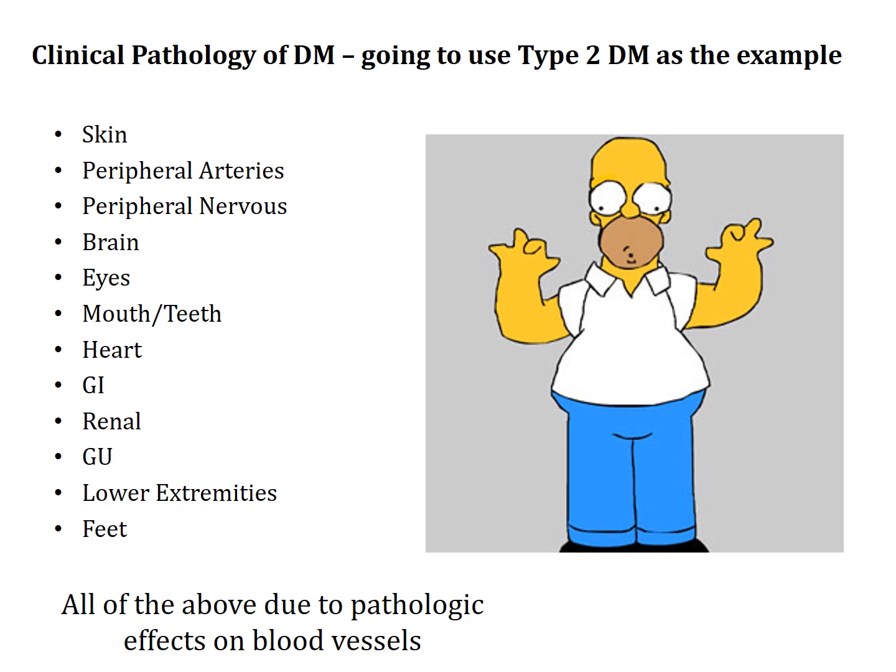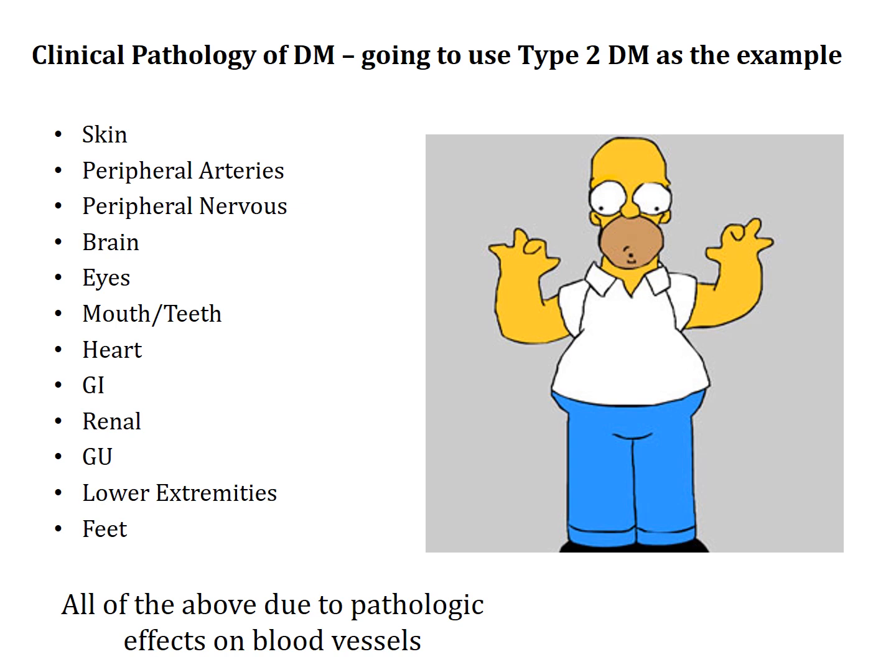Okay, we're getting close to wrapping up here. Now let's just really quickly talk about the clinical pathology of diabetes mellitus. Remember that the adverse effects, the long-term vascular effects of diabetes mellitus, are going to be there whether you've got type 1 or type 2. I'm just going to use type 2 and my friend Homer Simpson as the example.